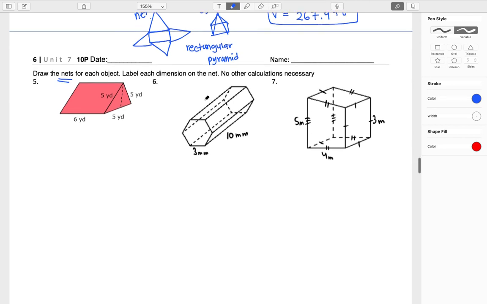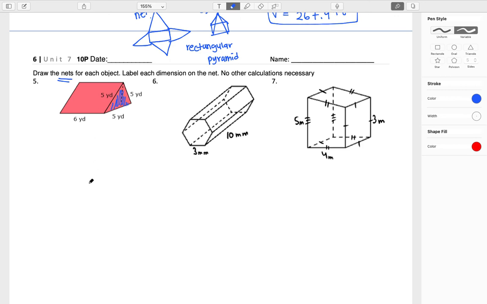Okay, so let's try number 5. It says draw the net for number 5. So it looks like we have the base, you can consider the base to be a triangular prism. So I could consider this to be the base, right?